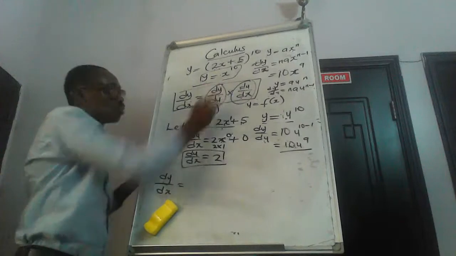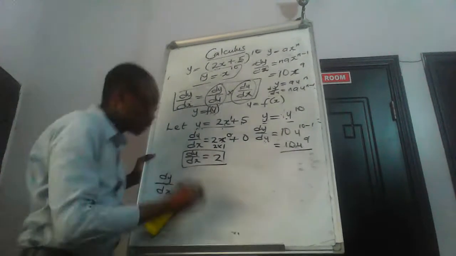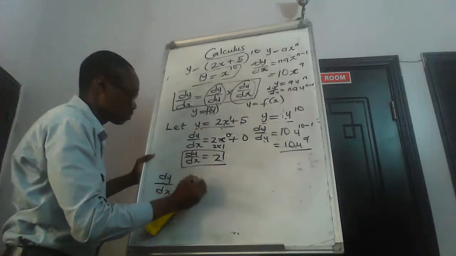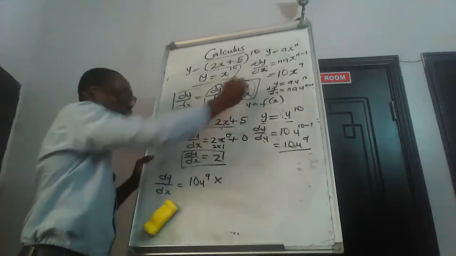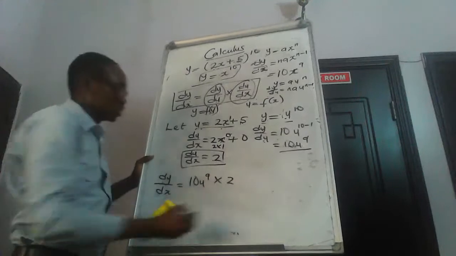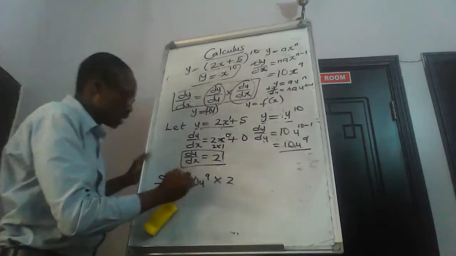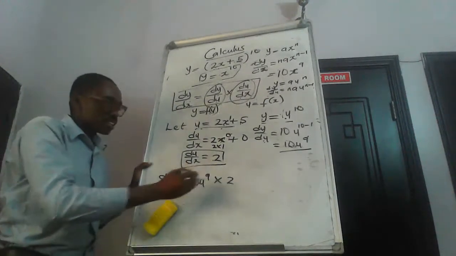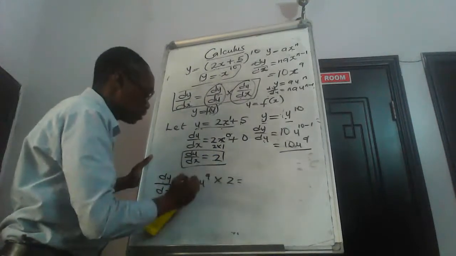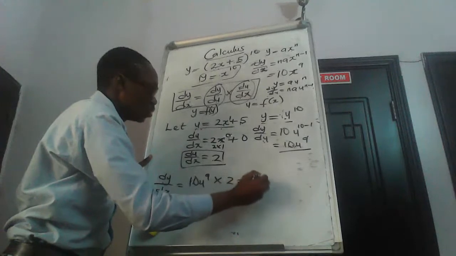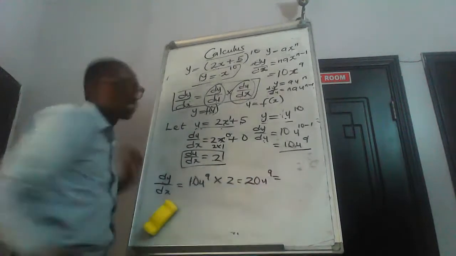Now, our dy/du is what? 10u raised to power 9 times du/dx. Our du/dx is what? 2. So 10u raised to power 9 times 2 is going to give us 2 times 10, which is 20u raised to power 9.